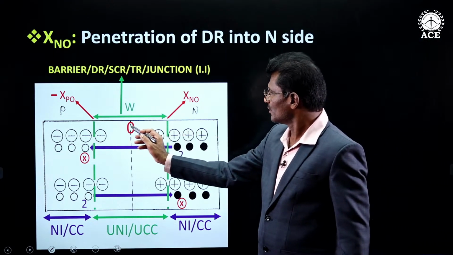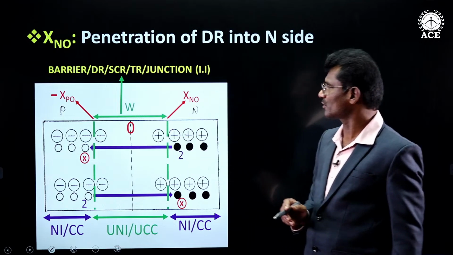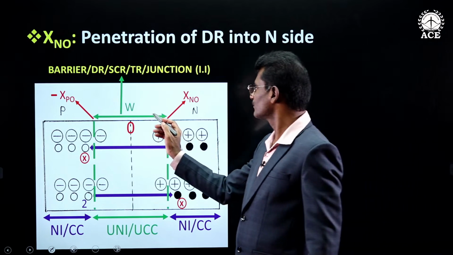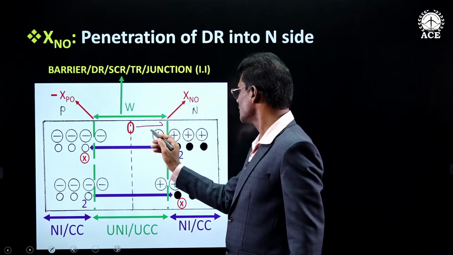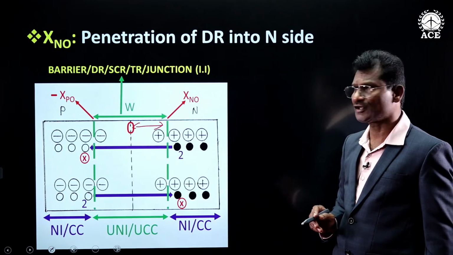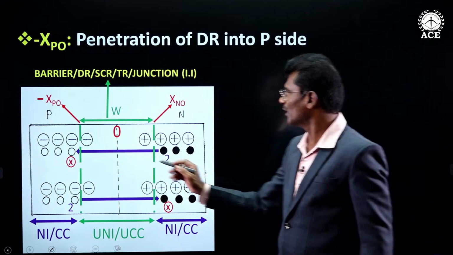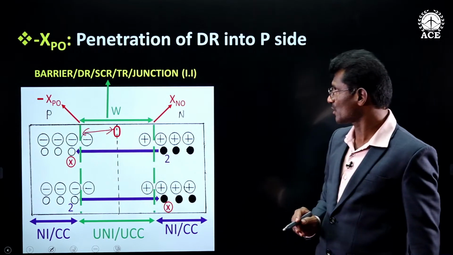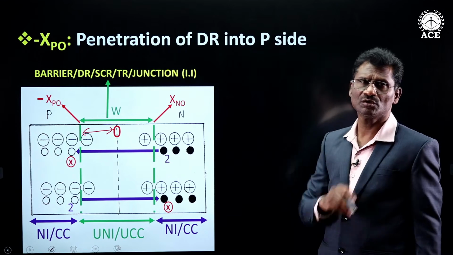And this is called Xn0, penetration of depletion region into N side. This distance is called Xn0, penetration of depletion region into N side. And minus Xp0 is called as penetration of depletion region into P side.